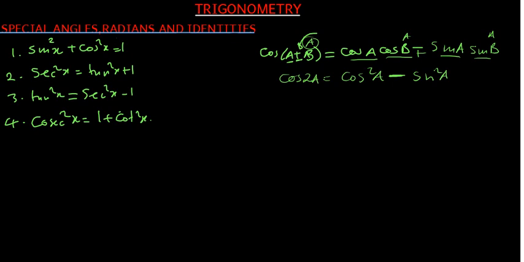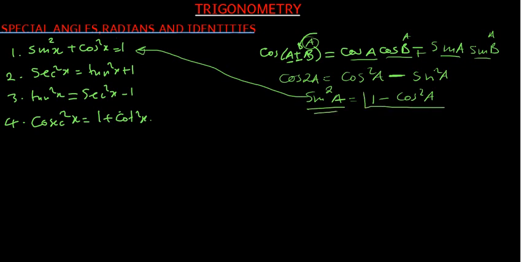But we know that sin squared A plus cos squared A is equal to 1. So I can simply make any of these the subject of the formula. Let me make sin squared A the subject: sin squared A is going to be equal to 1 minus cos squared A. This has come from this one. So where I can see sin squared A, I'm going to replace it with that.